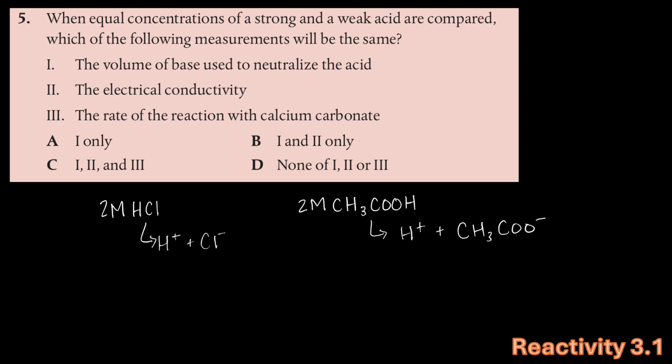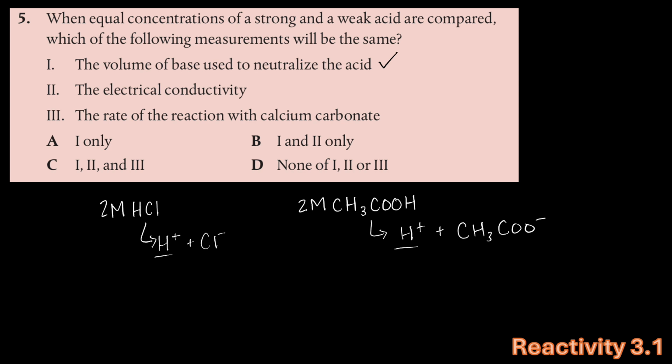So as you can see, even though one is strong and one is weak, if they are the same concentrations, they will have the same amount of protons to neutralize said base. So, number one, the volume of base used to neutralize the acid is correct. It will be the same no matter if you have a strong acid or a weak acid, as long as the concentrations of those are the same.